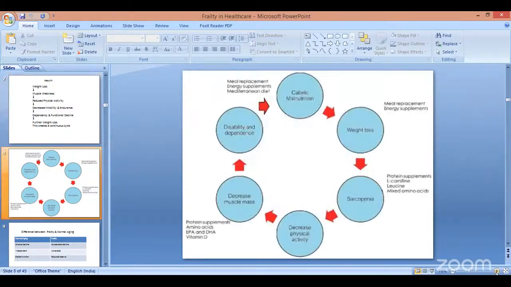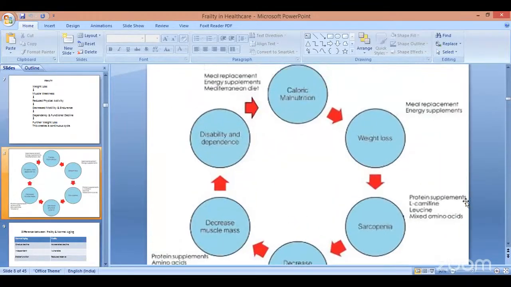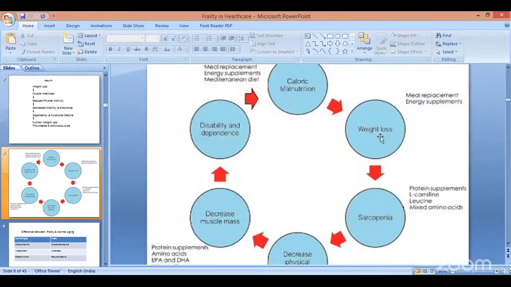Here in this chart, you can see a patient mostly in frailty having caloric malnutrition, and that leads to weight loss. When a patient comes with weight loss, we can give meal replacement and energy supplementation. And when the patient has weight loss, it leads to sarcopenia, which means the muscle mass is reduced.